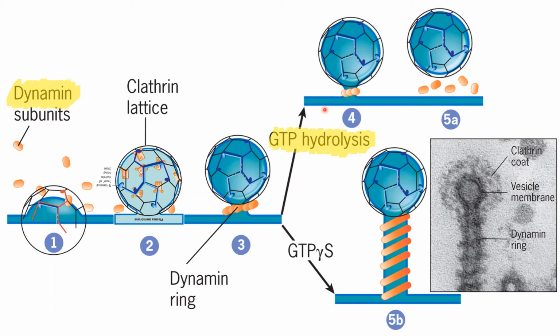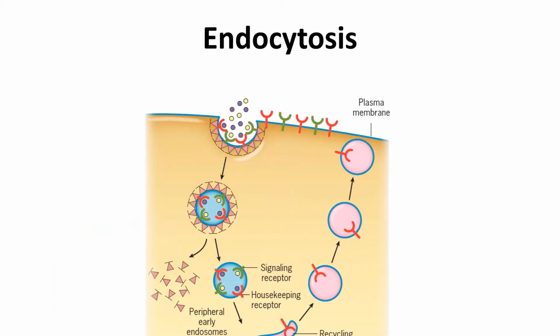So here's an illustration of the scenario shown here at the bottom. So we can see here in endocytosis, that's from the outside of the cell, we can see the particular ligands. Okay, so there are those purple ligands attached to what we call housekeeping receptors, the red ones.